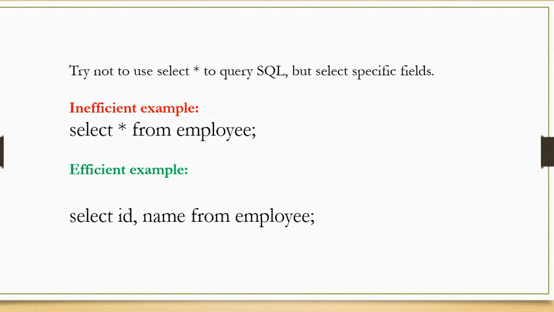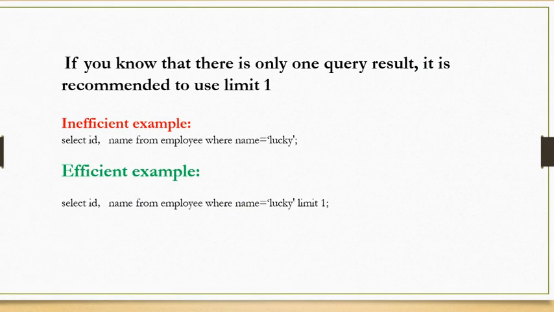The reason is, by using only the required fields, we can save resources and reduce network overhead. Otherwise, the covered index will likely not be used, which will result in a query back to the table.